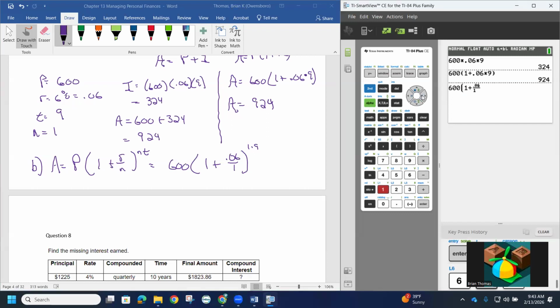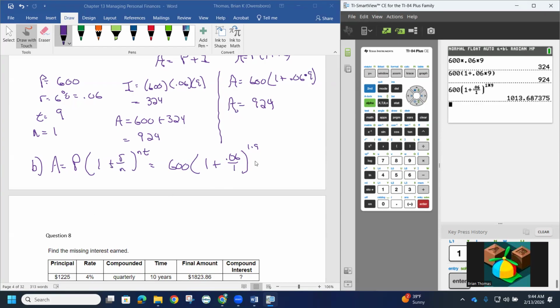Now I use my directional pad, come out, and close parenthesis. Now I need an exponent, so I hit that up arrow, which moves my cursor up here, and then I enter 1 times 9. I end up with, interesting, a slightly higher number.